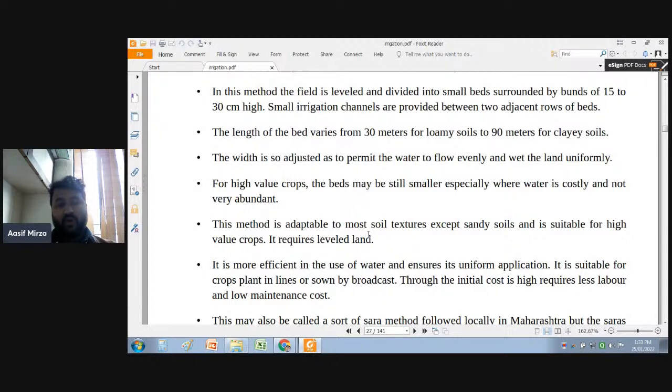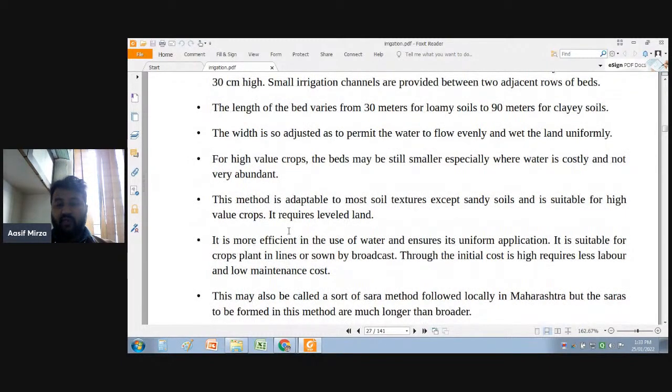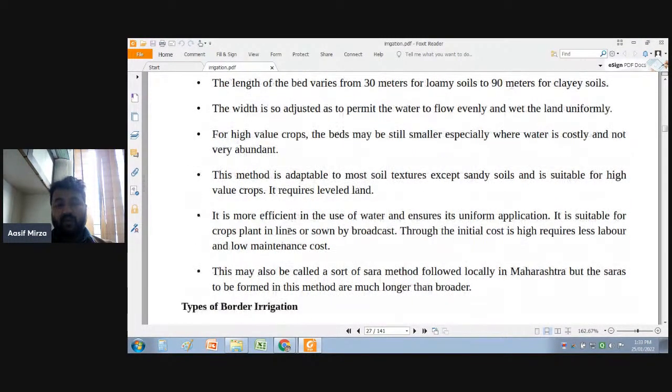It is suitable for crops planted in lines or sown by broadcast. Though the initial cost is high, it requires less labor and has low maintenance cost. This may also be called a sort of Sara method followed locally in Maharashtra, but the Saras to be formed in this method are much longer than broader.